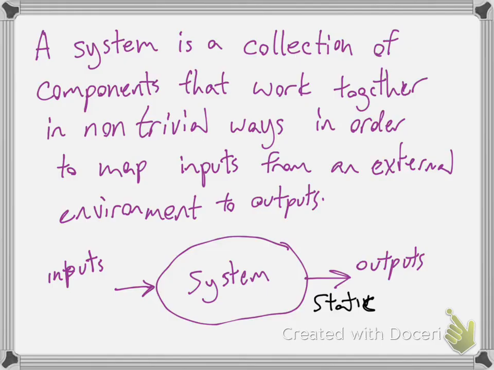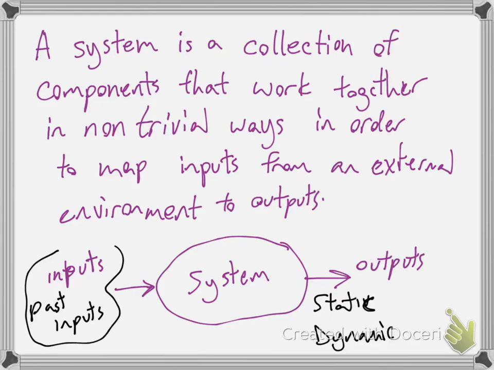So we have that the output is only a function of the current inputs, and if we have a dynamic system, we have that the output is a function of the current inputs as well as past inputs. So we have inputs and past inputs. That makes it dynamic.